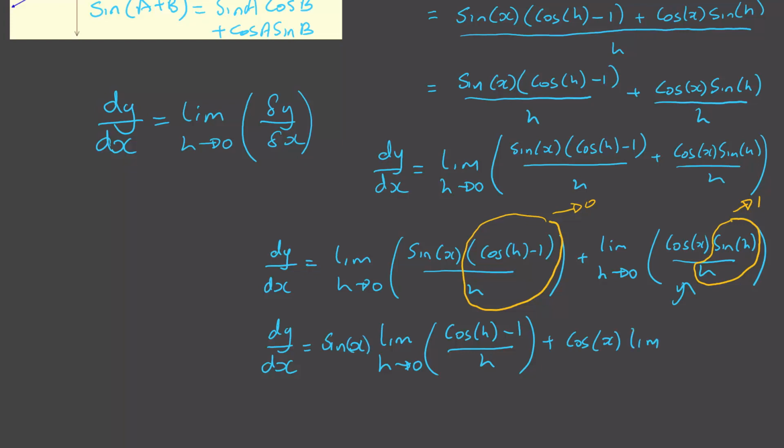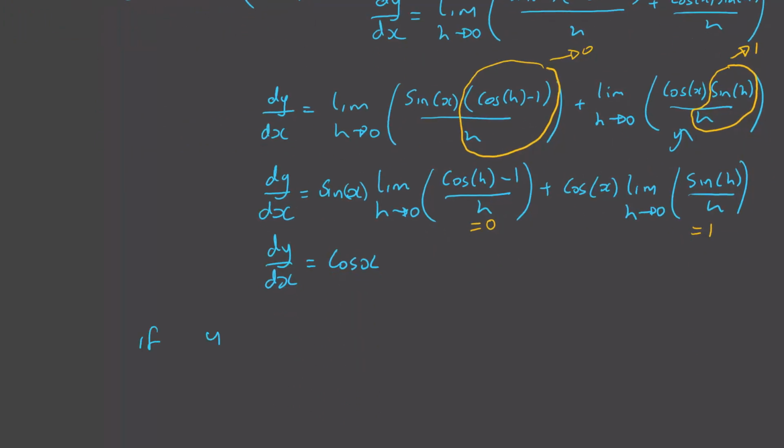And then that's multiplied by the limit as h tends to 0 of sine h divided by h. Now, as I mentioned just now, you can see it in yellow above, this limit here is 0, this one here is 1, and so what happens is dy dx just ends up being cos x.